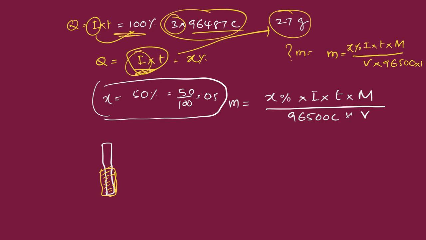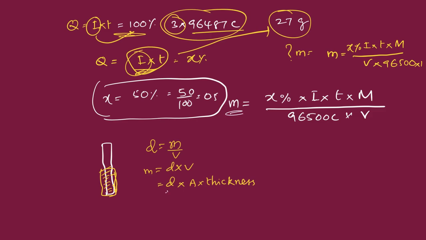So we know that density is equal to mass by volume. Then mass is equal to density into volume. Now this is the density. Volume is equal to area into thickness. So now in this formula we can substitute here. Then this is the mass.